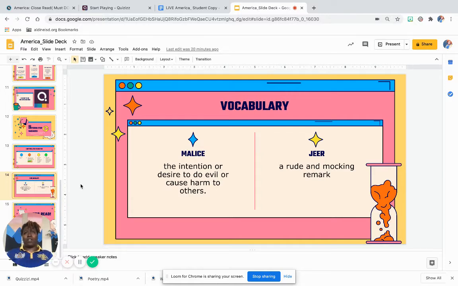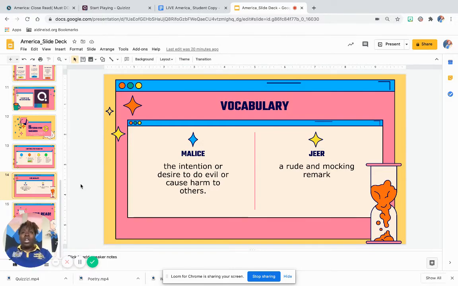Think about some of your favorite super villains in Marvel superhero movies. They do evil things that cause harm to others. They do it with the intention. They want to be bad. They want to do evil things in the world. They do those things with malice.